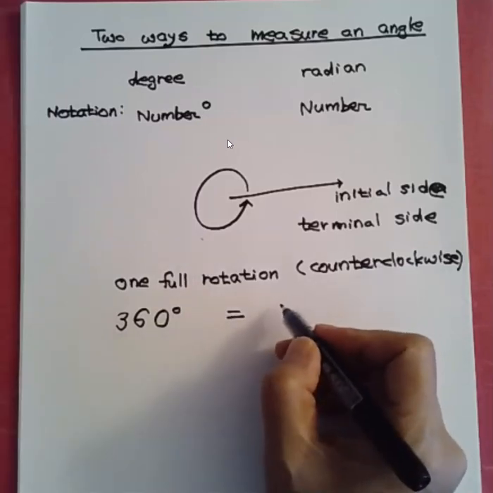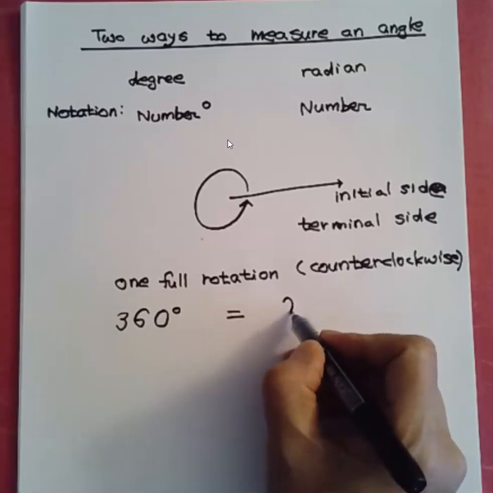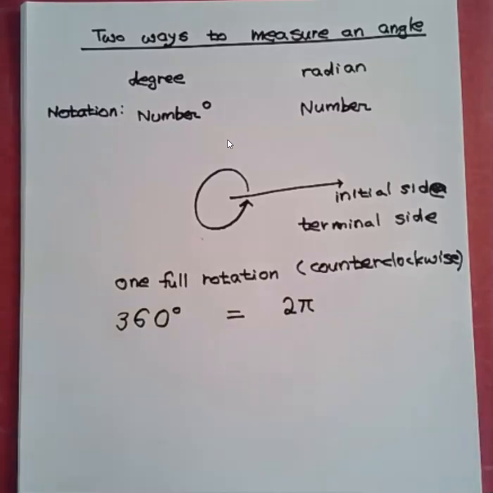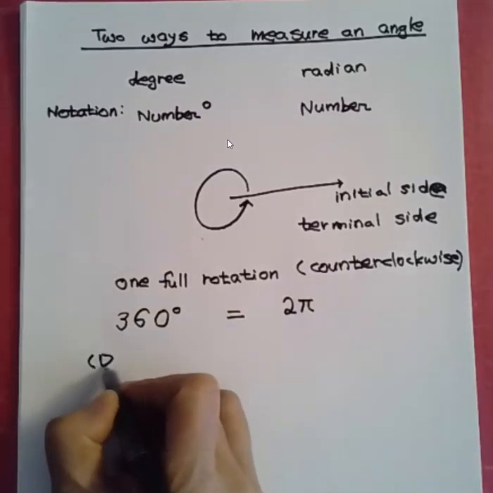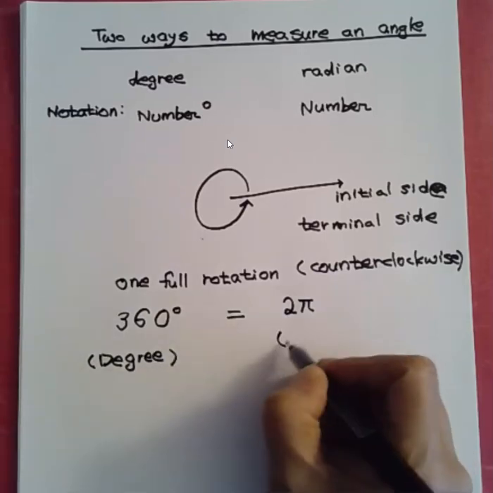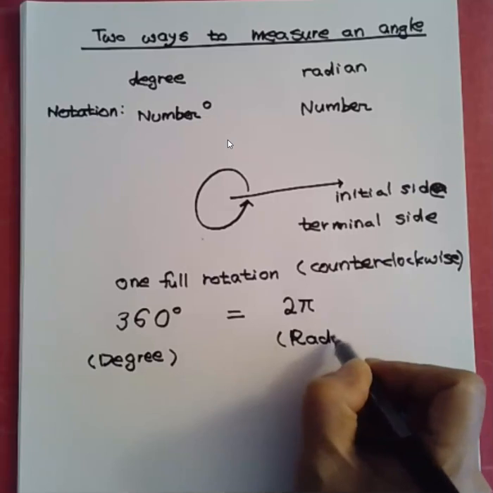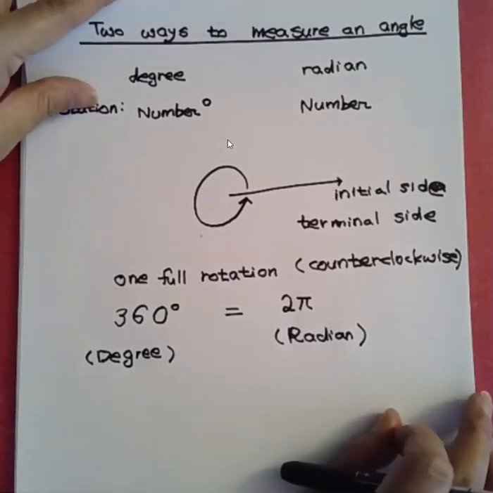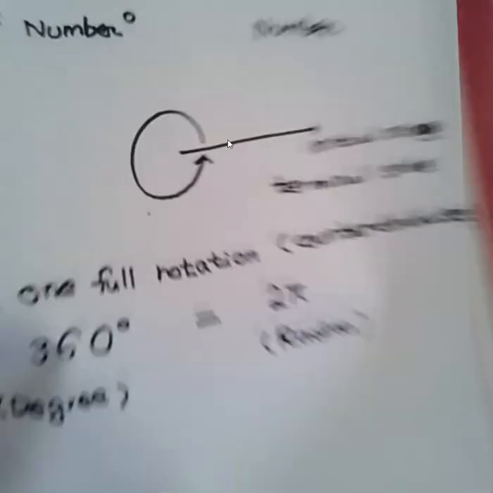If we measure the same angle in radian measure, then that angle is 2 pi. Other angles are proportional. Let's go through the examples.